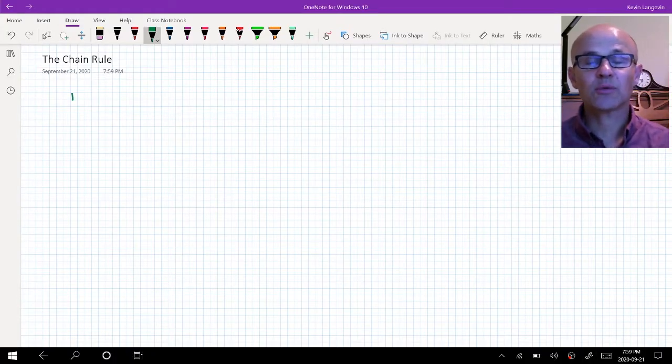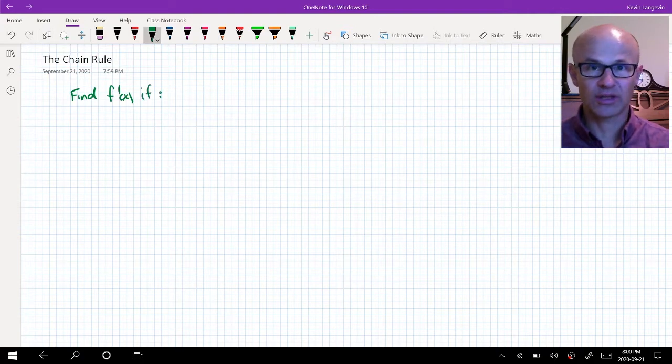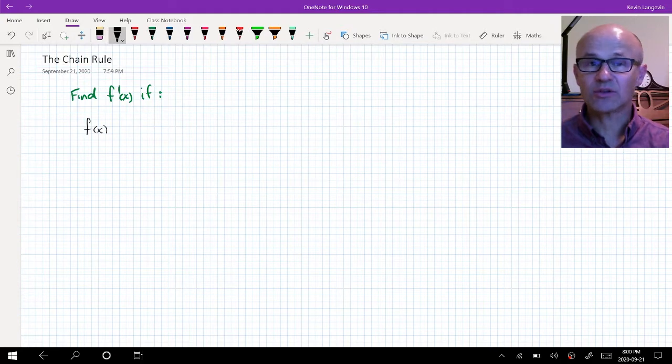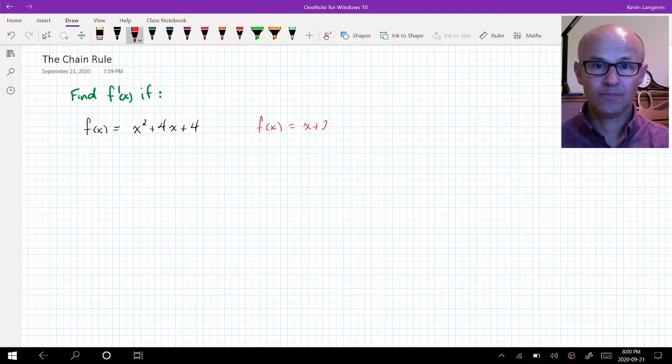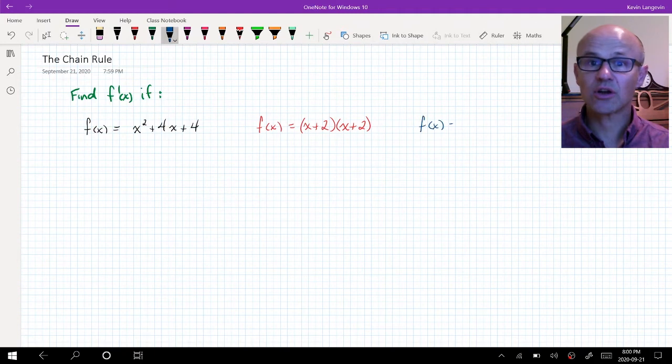To begin with, I'm going to start with a function, the exact same one, written 3 different ways. f of x is equal to x squared plus 4x plus 4. It could also be written out as 2 binomials multiplied together. It could also be written out as one function squared.